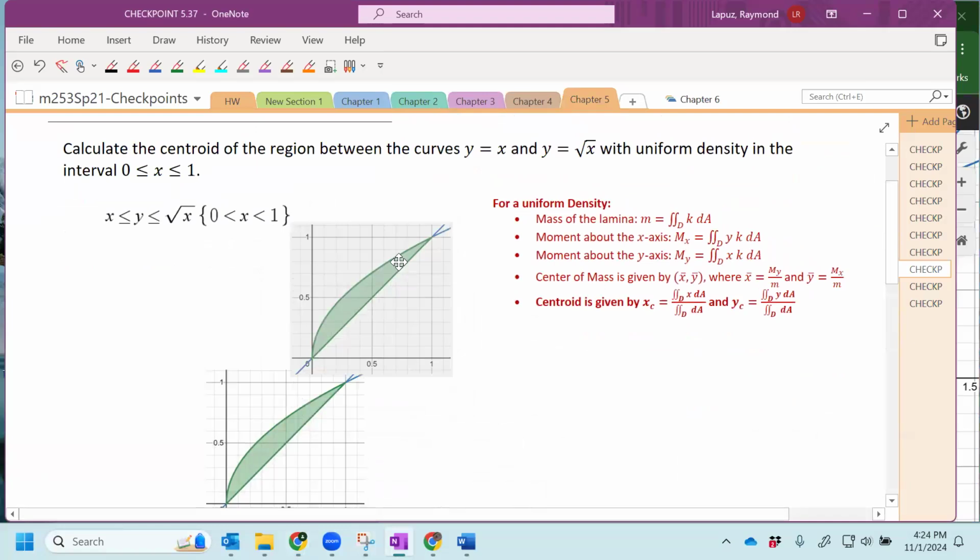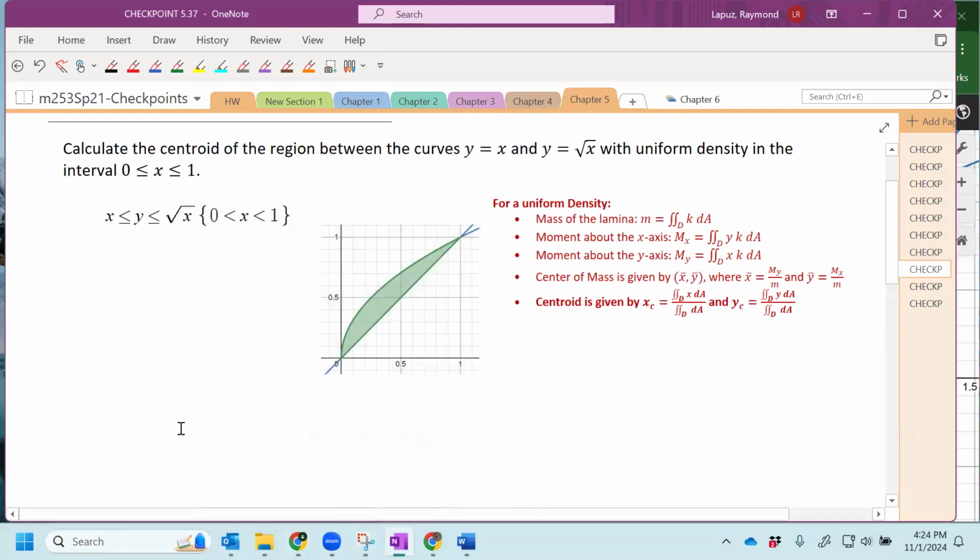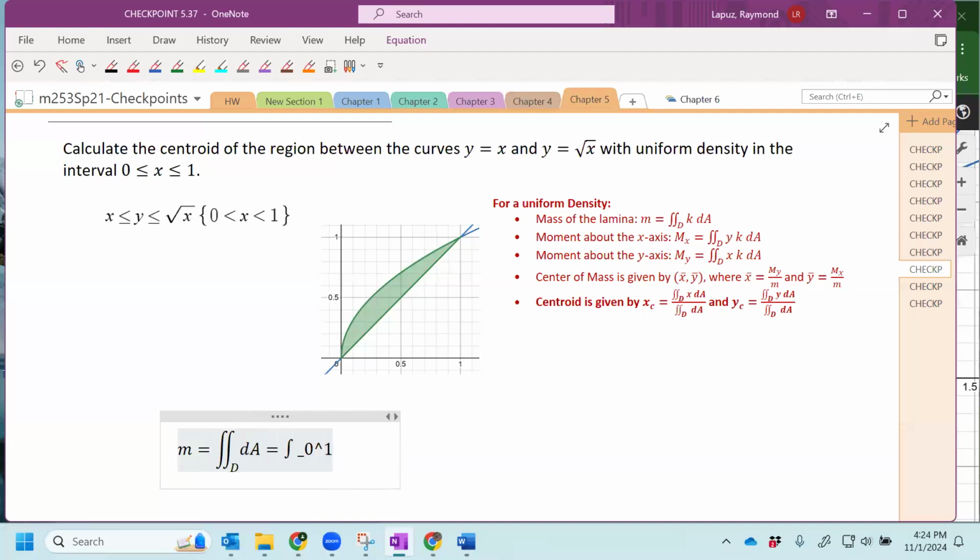Now let's set up the integral to find our mass. Our mass will equal the double integral over the region, let's call it D, of 1 times dA. So this will end up being a double integral. The outer integral is going to be the constant limits from 0 to 1.